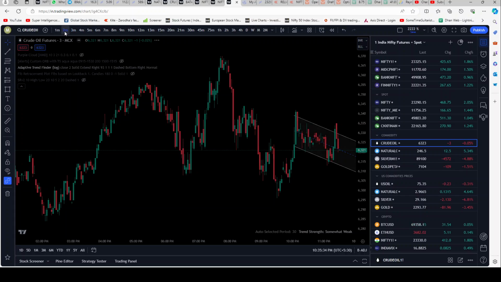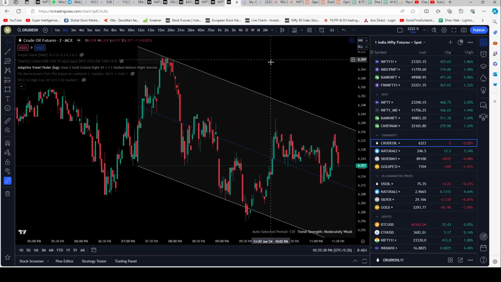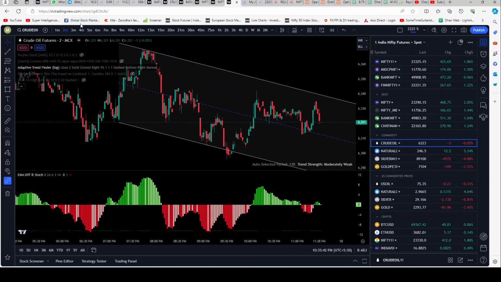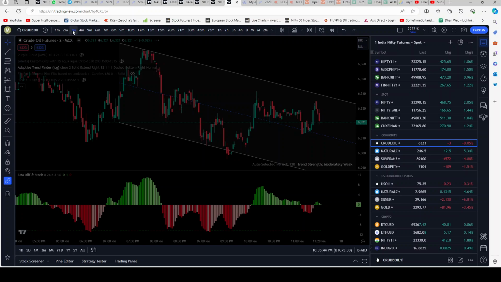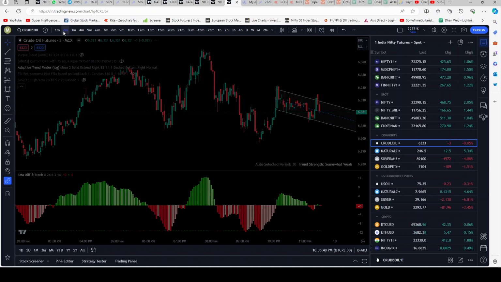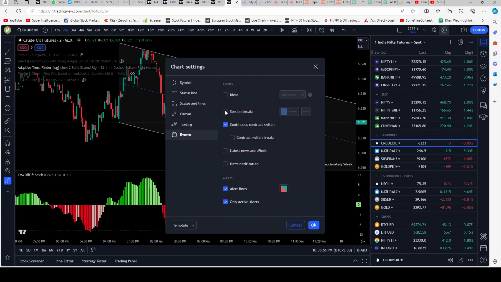Just a second. I forgot, only yesterday I was using this adaptive trend finder. So you can see, okay, I'm getting confused because the session break is not on.